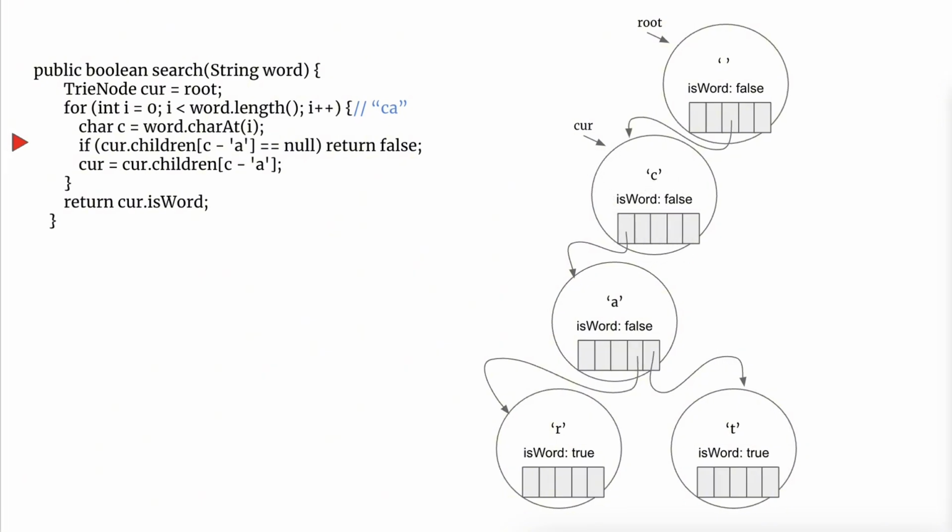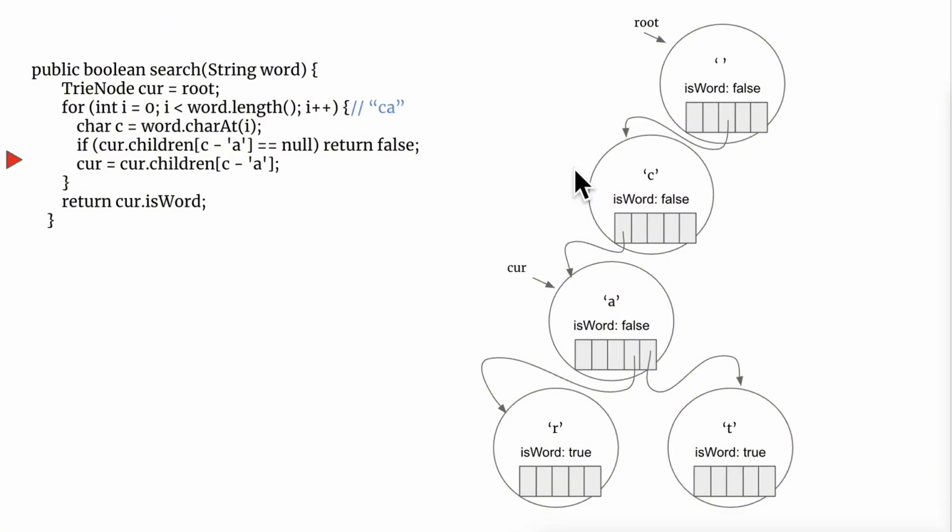Continue to traverse the given word, say A. The current letter is character A. So we ask the question, is the value in such index null? The answer is no. And then we move pointer cur, ensuring pointer cur is referring to our current traversed node.